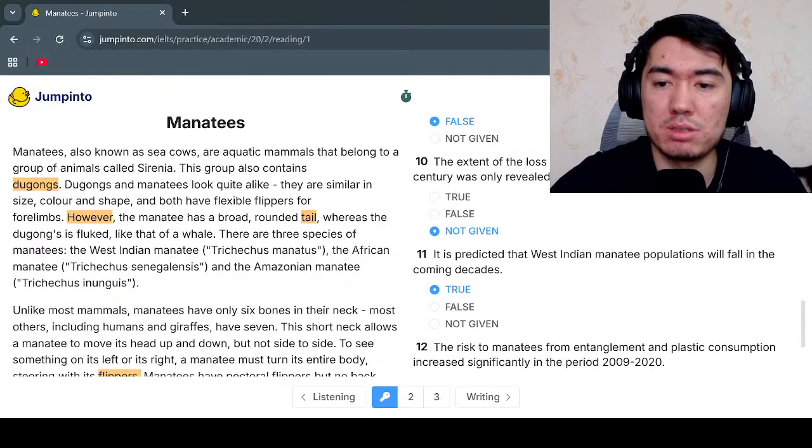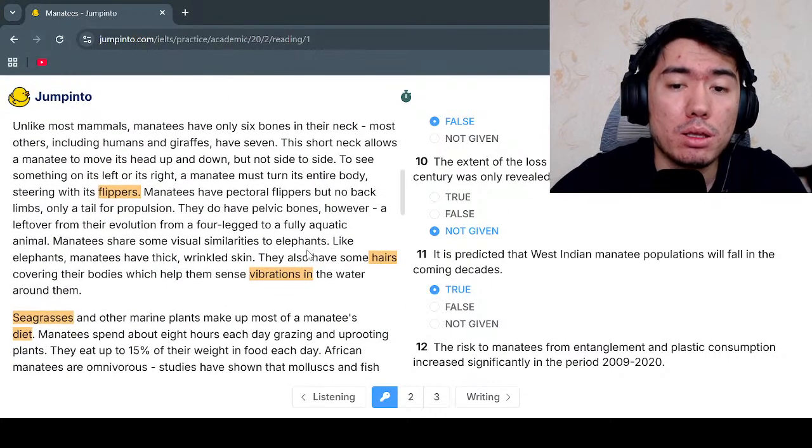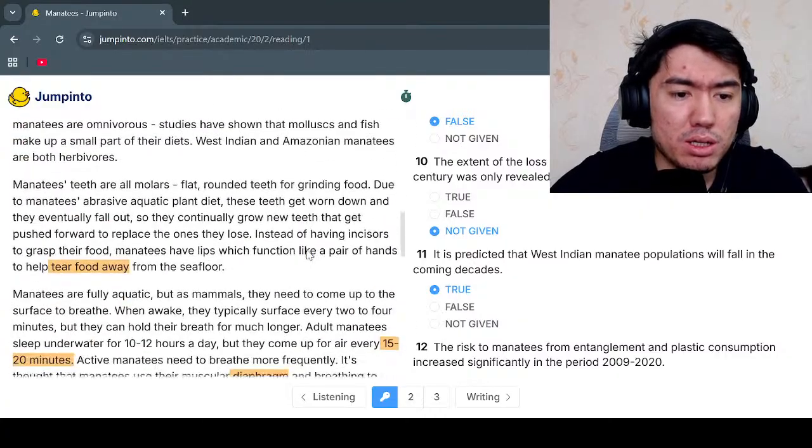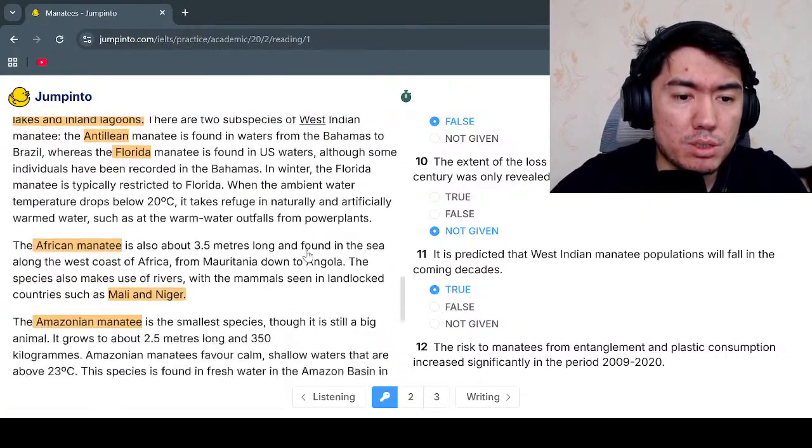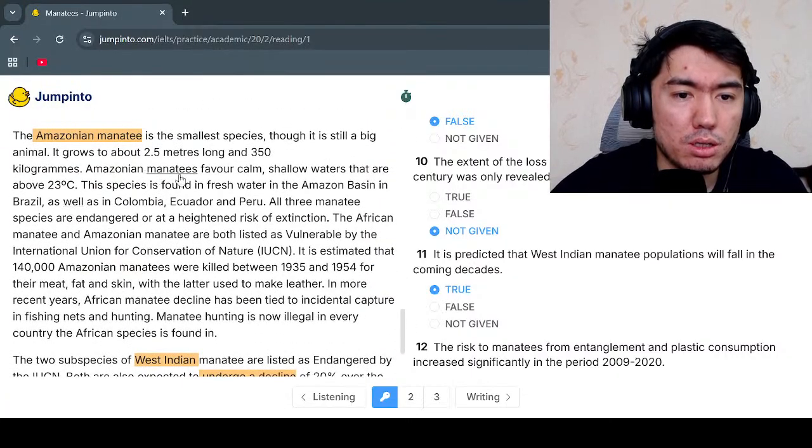The extent of the loss of Amazonian manatees in the mid-20th century was only revealed many years later. Amazonian, where are you? Amazonian. Shallow waters is found in fresh water. All three are endangered. Heightened risk of extinction are both listed as vulnerable by the International Union.